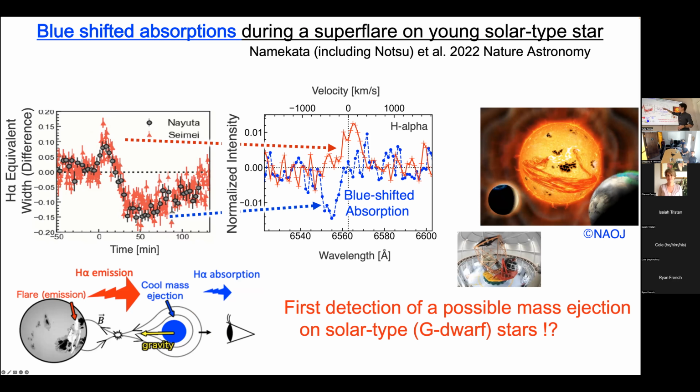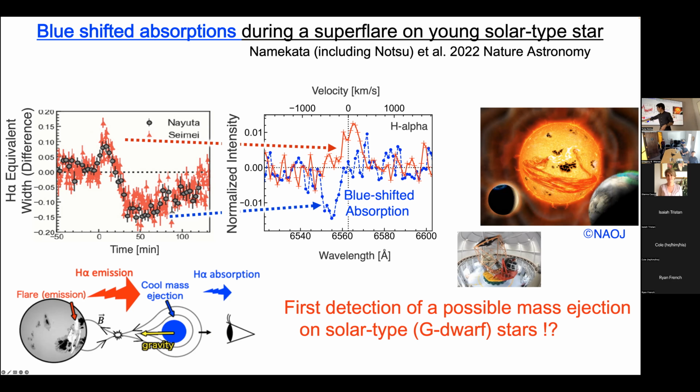In a flare, H-alpha intensity increases with no Doppler shift. But during this dimming phase, the absorption is shifted to the blue part. Blue means this component is moving toward us.